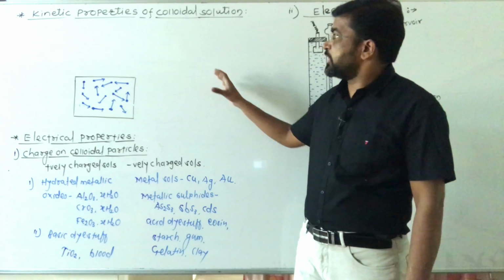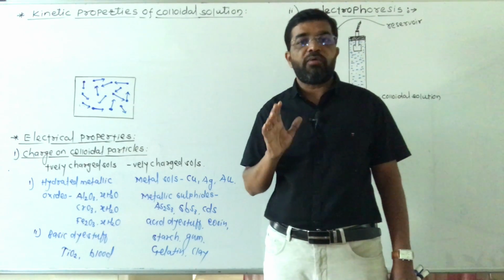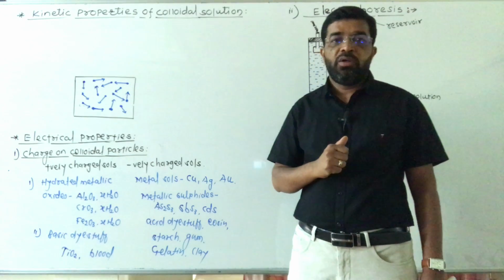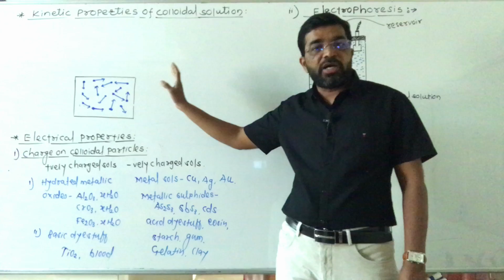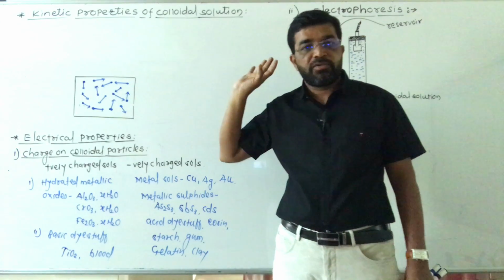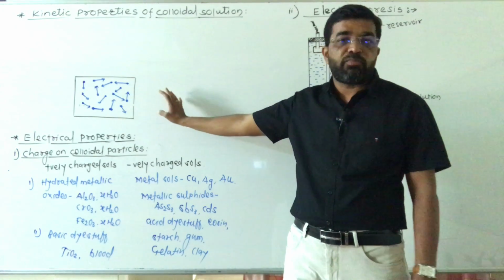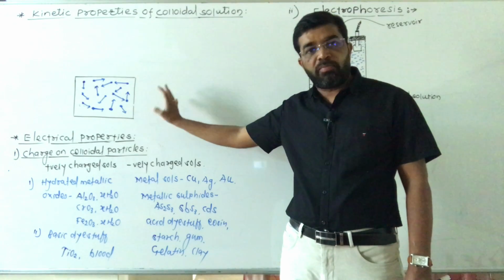Today we have to study the remaining properties of colloidal solution. Kinetic properties of colloidal solution, in which we have to study Brownian movement, as it was discovered by the botanist Robert Brown.